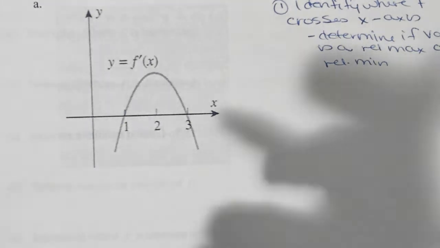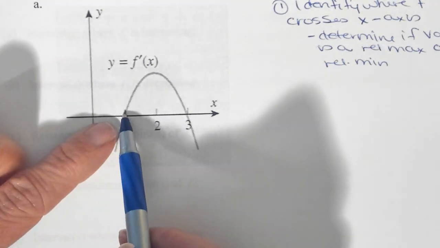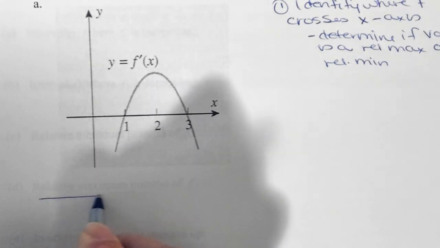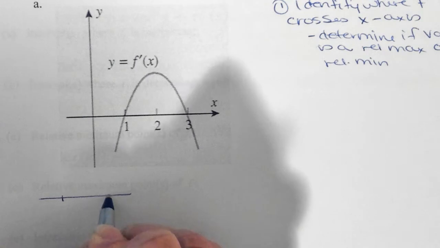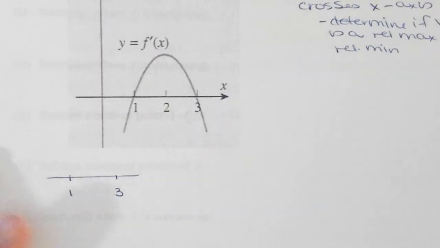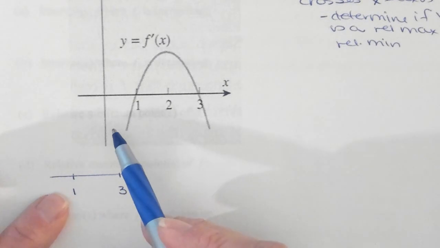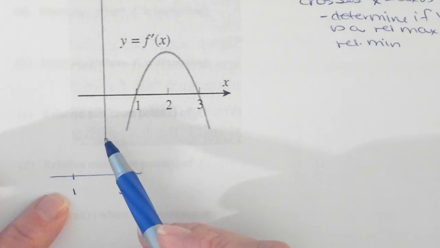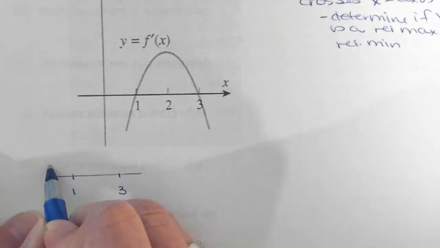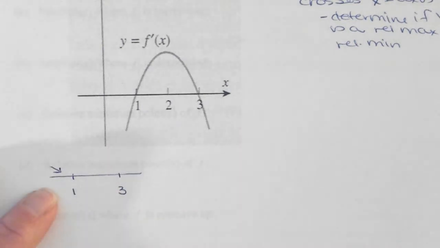So what we're looking at here is we have a point at 1. And we want to know, like on a number line, just like this is a critical number. If I have 1 and 3, before 1, f prime is below the x-axis. So what is f doing? Is f increasing or decreasing? Decreasing. So that means it's like this, right?